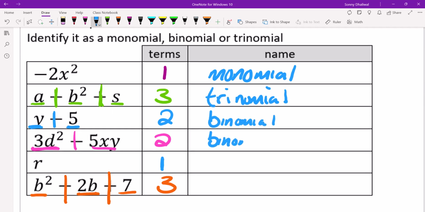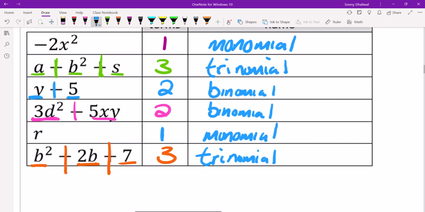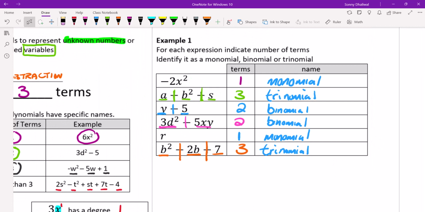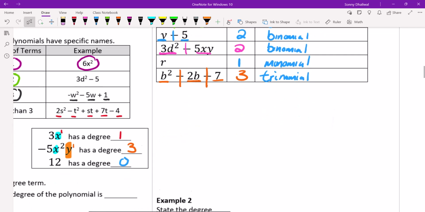And now everything is just a repeat, so you can fill out the rest of the table. Binomial here. Monomial here. Trinomial here. Okay. All right. Not hard stuff, just a lot of little stuff, right? Okay.